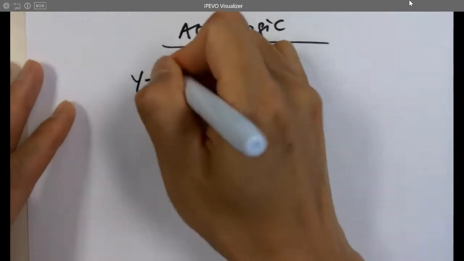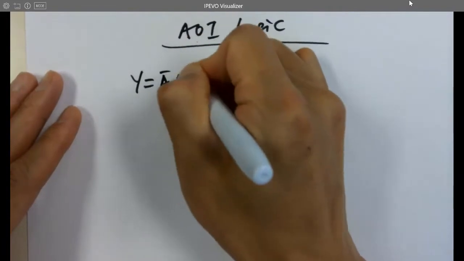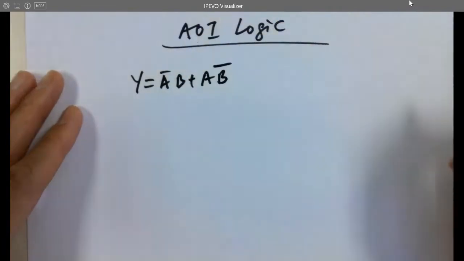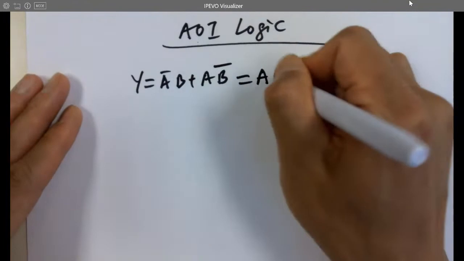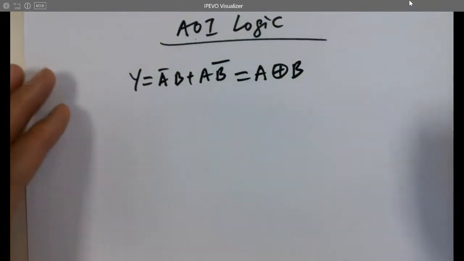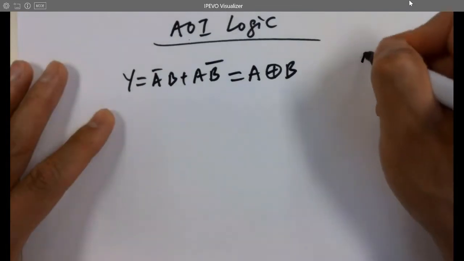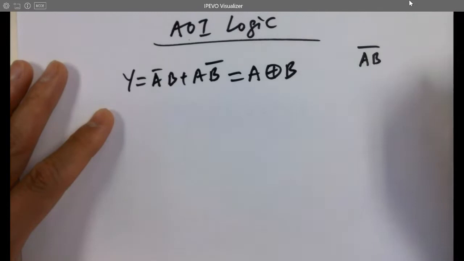How do we form AOI logic for the XOR gate? So this is XOR, right? Remember the A, so this is a NAND gate, right?